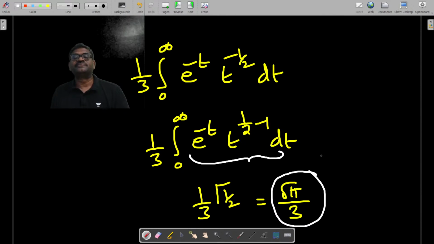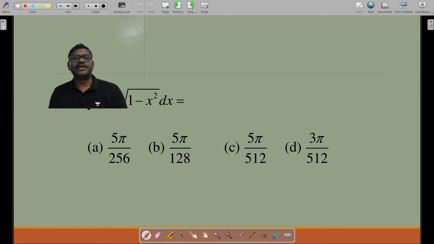Next problem. Integral 0 to 1 x power 6 into square root of 1 minus x square dx.